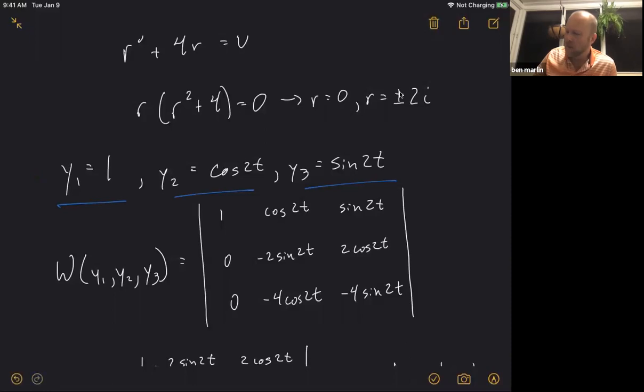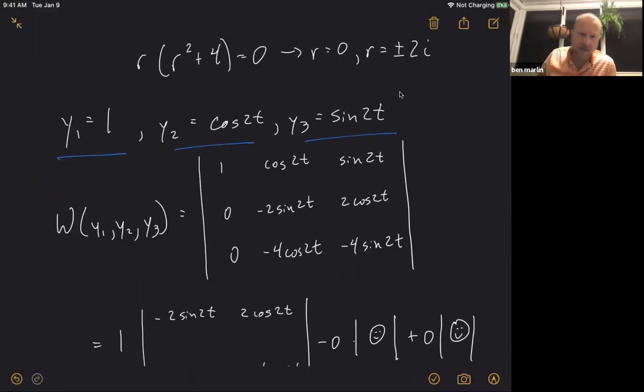And one of the properties of a fundamental solution set is that they are what's referred to as linearly independent. Linearly independent just means there is no linear combination of them that can turn out to be 0, like all cancel out or something, other than the linear combination which is 0 times each one.